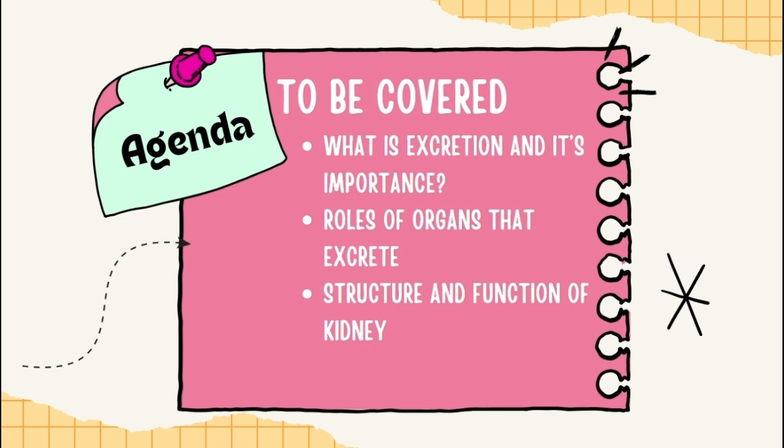For example, in our stomach we secrete digestive enzymes that act on the food. When something secretes something, more than likely it serves a function. When we're talking about excretion and the excretory system, we are focused strictly on waste, something the body just does not need, and we are trying to get it out. And then obviously the structure and function of the kidney. We're just going to look at the kidney a little bit.